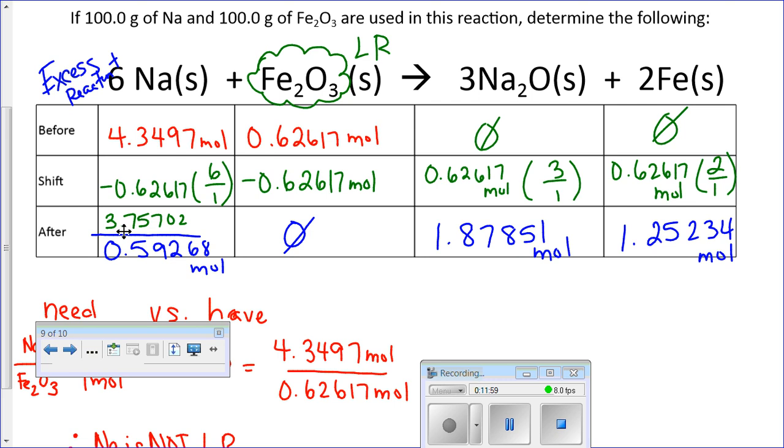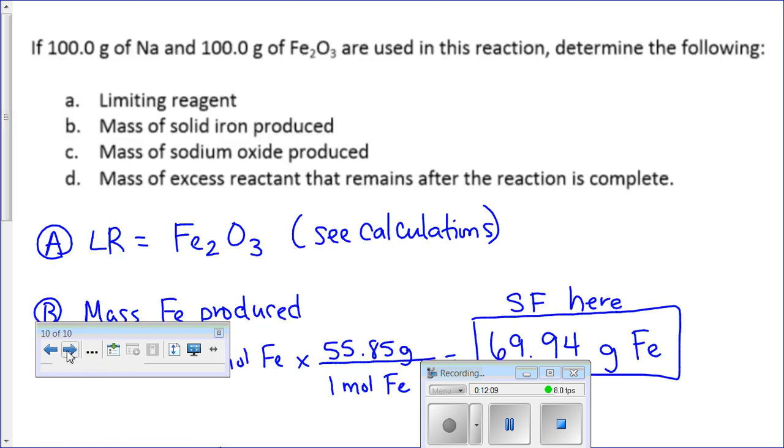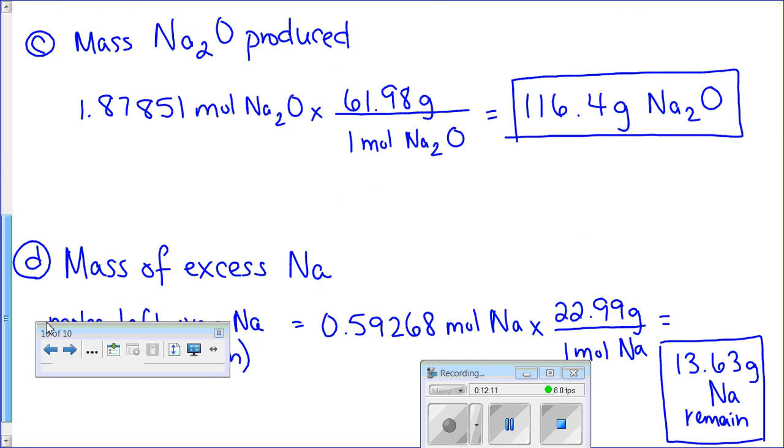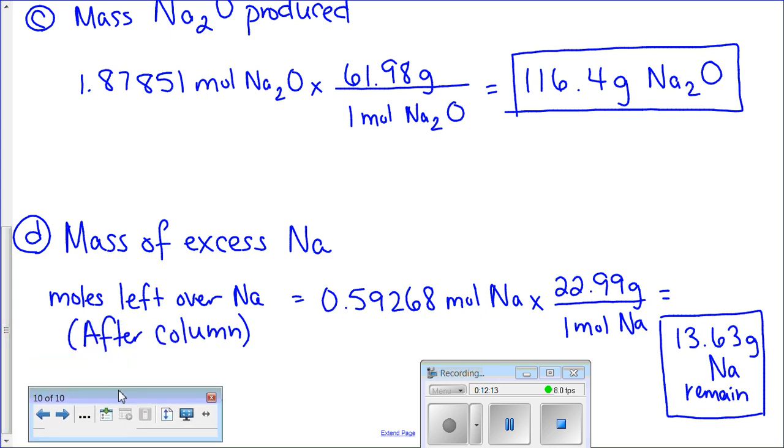I used this amount, so I have 0.59268 moles remaining. So all I need to do now is change those moles into grams. Okay, so I'm just going to multiply times the molar mass of sodium, and I should have 13.63 grams of sodium that remain. And so that's how you work a limiting reactant problem using a before, shift, after table.